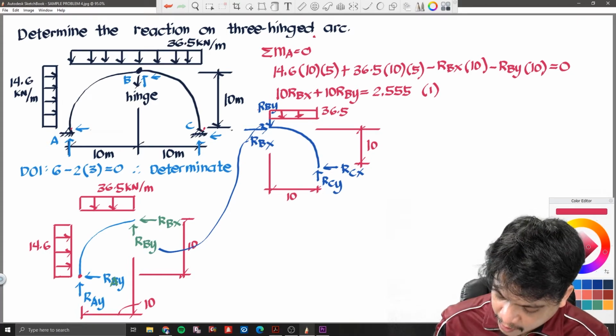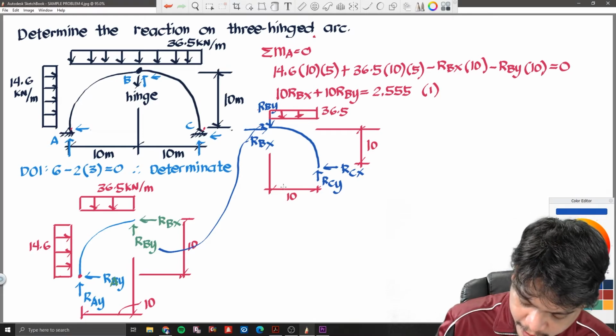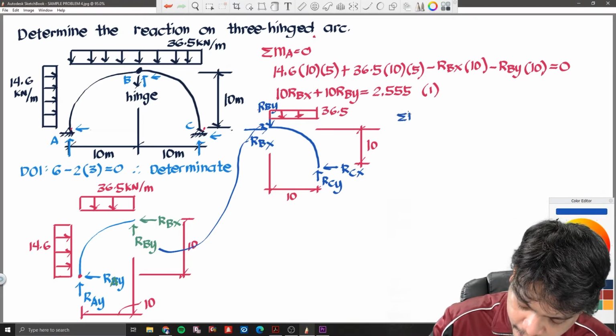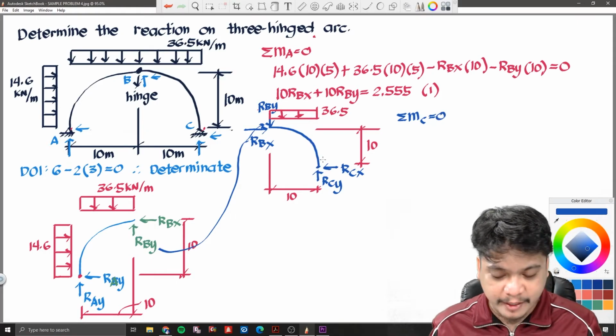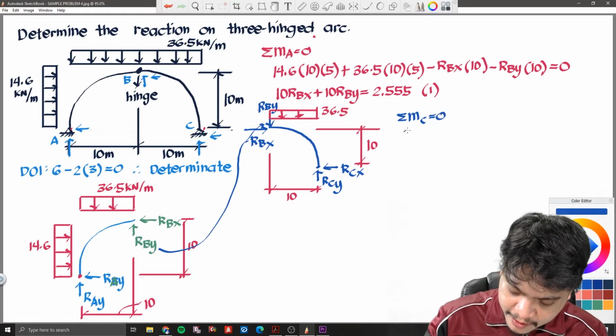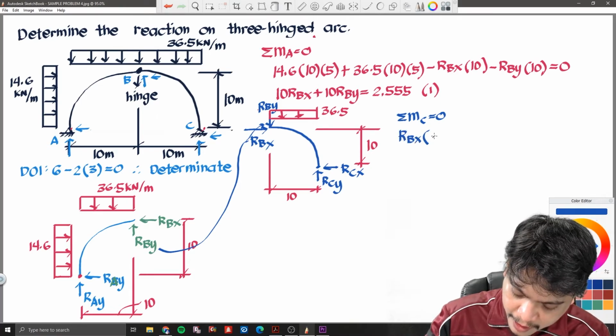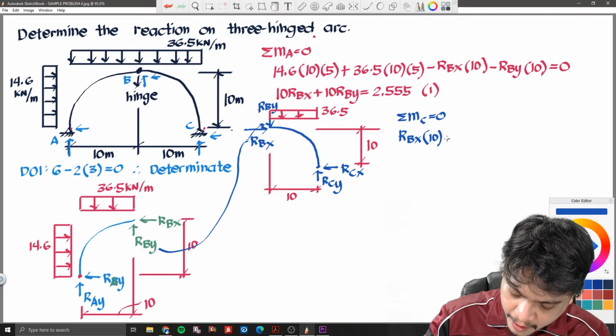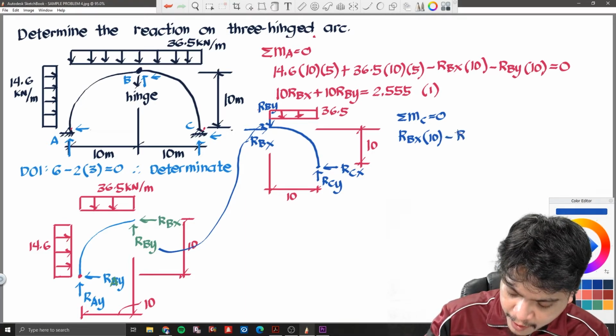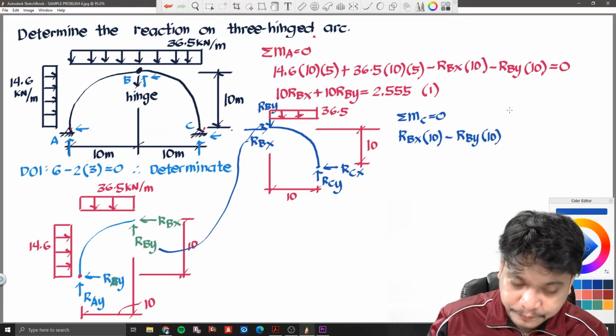So, I will now take the moment at point C equal to 0. So, dito naman ako magte-take ng moment. So, unahin ko na si RBX, multiplied by 10. And the next, minus RBY, again multiplied by 10.